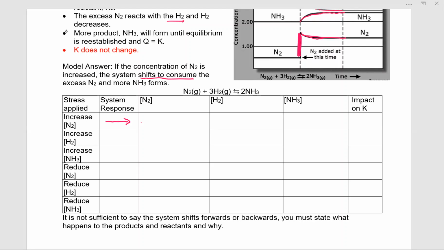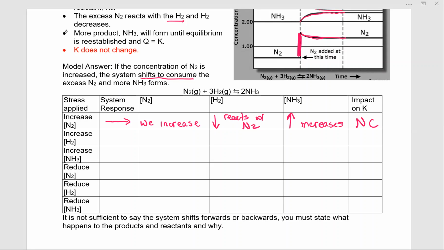In this case, we increased this. This is something that we chose to do, and now we are looking at the responses. We saw that the hydrogen decreased, and that's because it reacts with the N2. We saw that the ammonia is increasing. And the impact on K, no change.